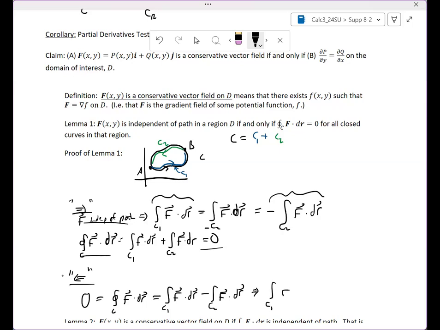It says that the integral over C1 of F dot dr equals the integral over C2 of F dot dr. So the closed integral being 0 says that whether I take path C1 or C2, I get the same answer. Okay, so we've proved lemma 1 up here.